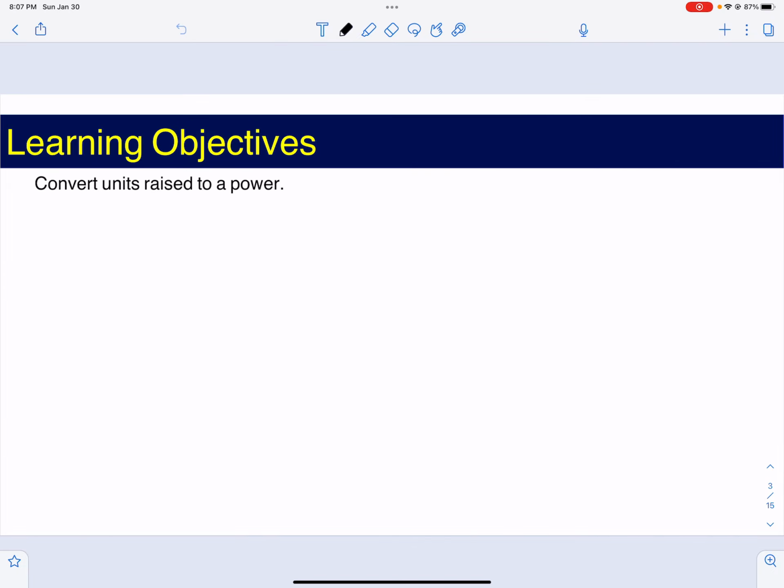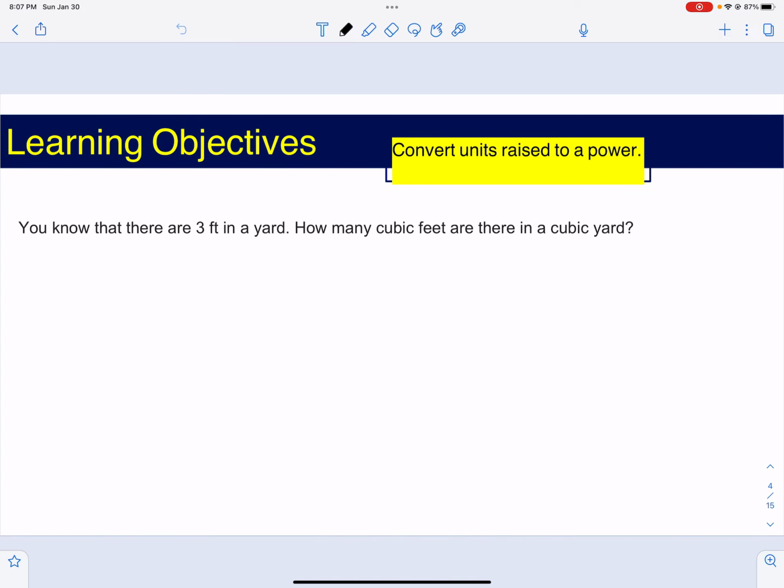So let's begin with converting units raised to a power. And what better way to do that than doing it with a problem? So this problem is asking us to find cubic feet given a cubic yard. So if I have 1 cubic yard, can I translate that into cubic feet?